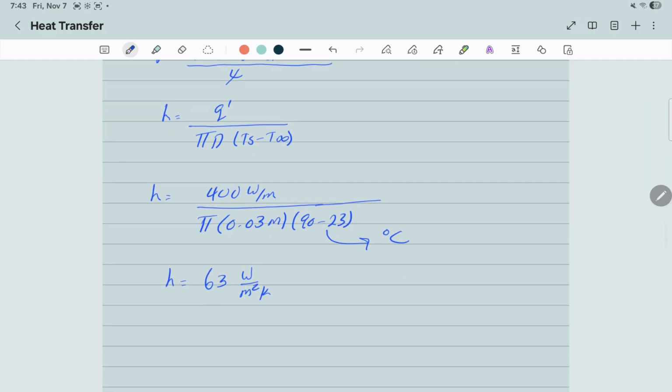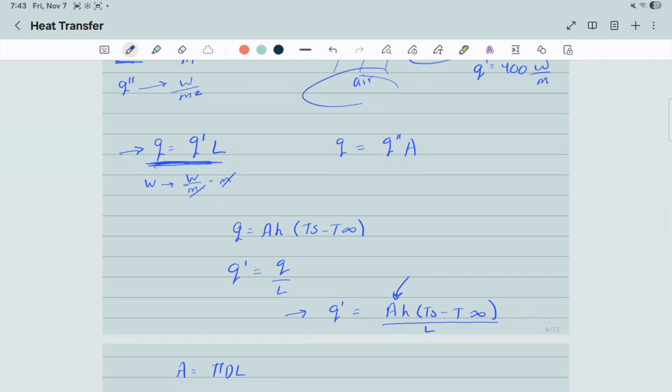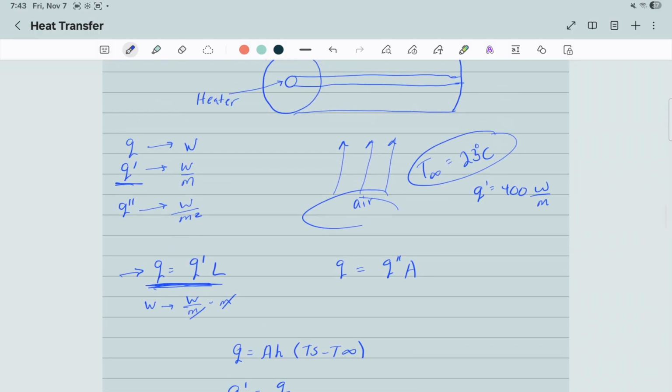But the key part of this example is knowing which Q you're working with based on the units you have. If you have watts, it's normal heat flow. If you have watts per meter, it's Q prime, which is heat flow per length. And of course, flux is watts per unit area.